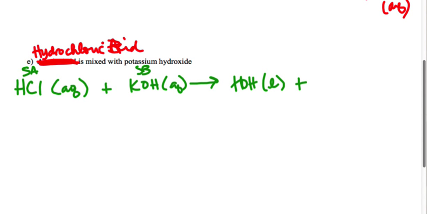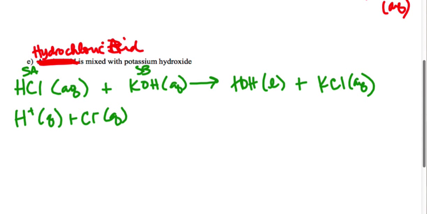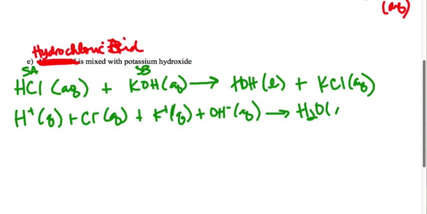Liquid water, and what salt do we make here? KCl, aqueous. I really like the strong-strong situation. H plus aqueous plus Cl minus aqueous plus K plus aqueous plus OH minus aqueous gives me H2O liquid plus K plus aqueous plus Cl minus aqueous.